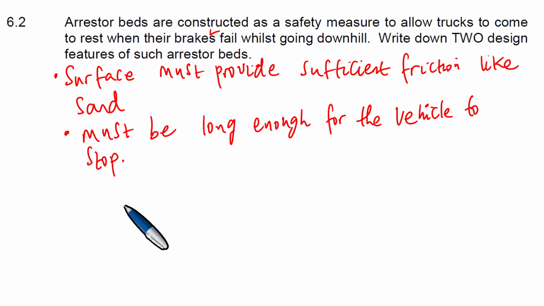These arrestor beds are used to assist in stopping trucks in the event that the brakes fail. The surface must provide sufficient friction, and normally sand is put there at the toll gates, and on steep slopes when the trucks go downhill.